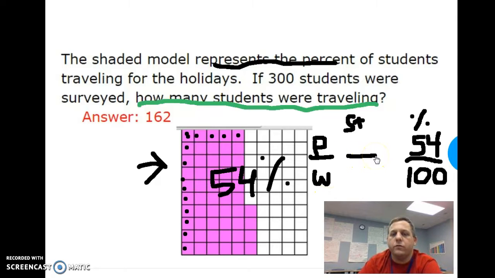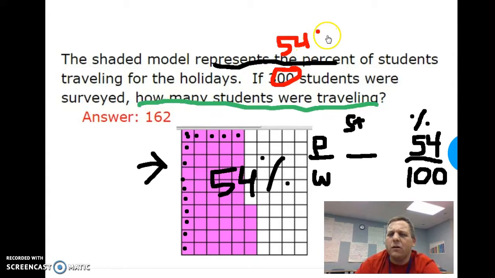So now I need my student ratio. What I need to do is figure out if 300 is the whole or the part. If 300 students were surveyed, okay, let's go back. The shaded model represents the percent of students that were traveling, so 54% of students were traveling.